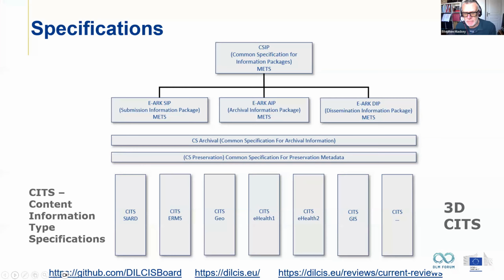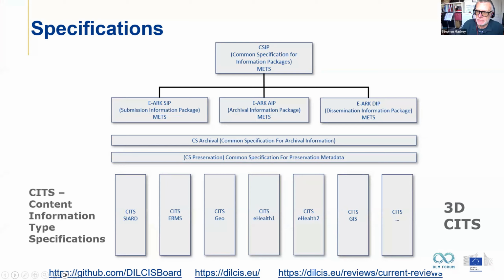So eArchiving specifications, as Janet has described, are there to provide a basis for interoperability of archiving packages. And they are a specification for an implementation of an OAIS reference architecture system. So OAIS recommends the use of archival packages, but doesn't give any detail for the structure of these packages.